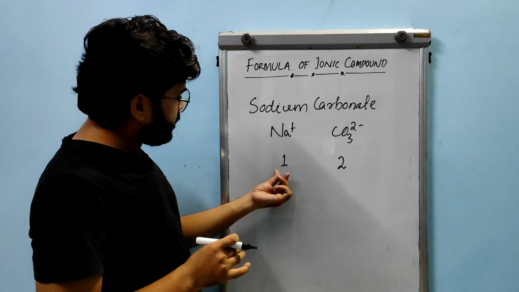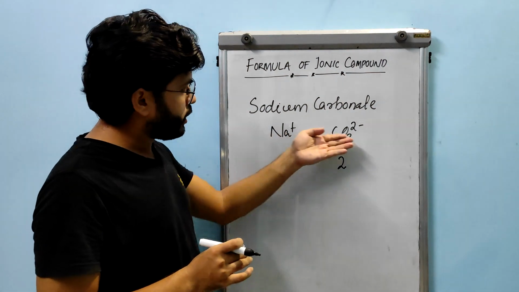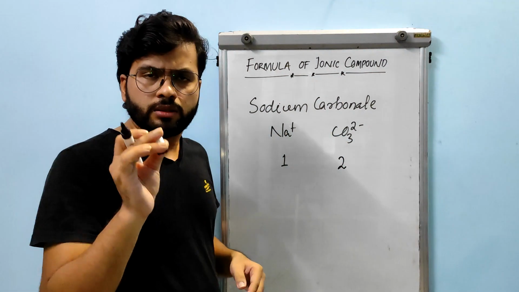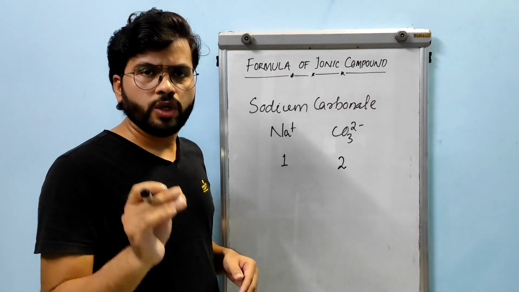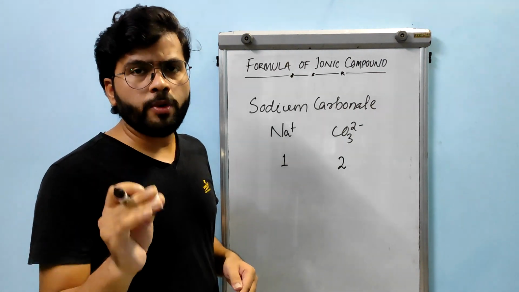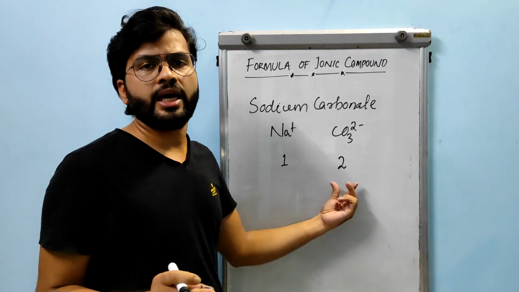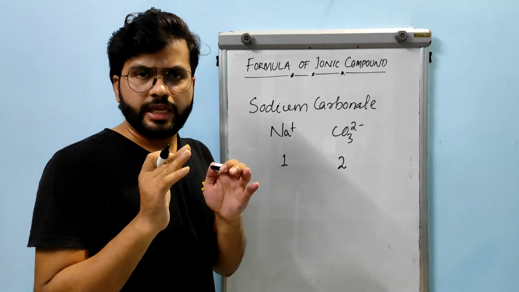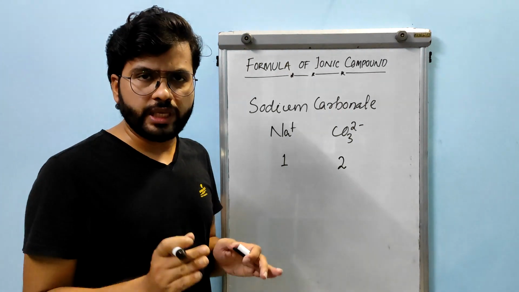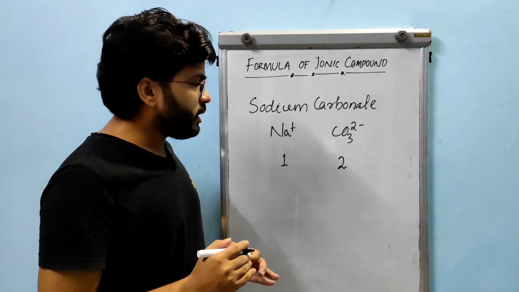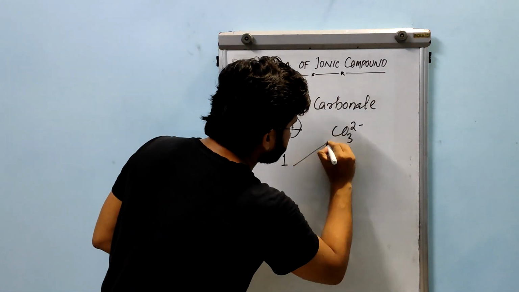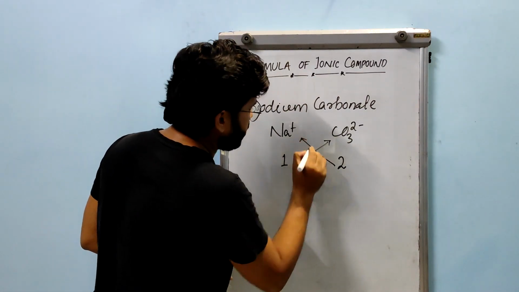Once you write the magnitude of the charge below the respective ions, the third step is to find out whether there is any common factor between the magnitudes of the charges of the cation and the anion. If there is, then we have to reduce them. If not, then the simple step is to crisscross the charge.